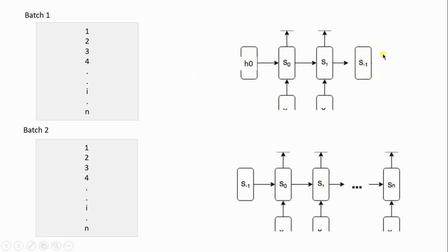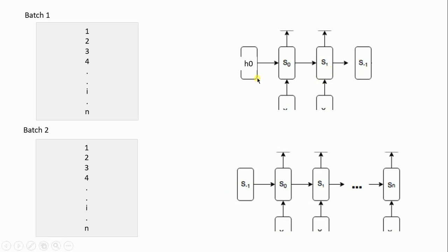Then the next batch comes, and the ith sample of that batch comes to the LSTM layer. The initial state for this sample will be the last cell state of the previous batch's ith sample. Okay, so that's what stateful means.